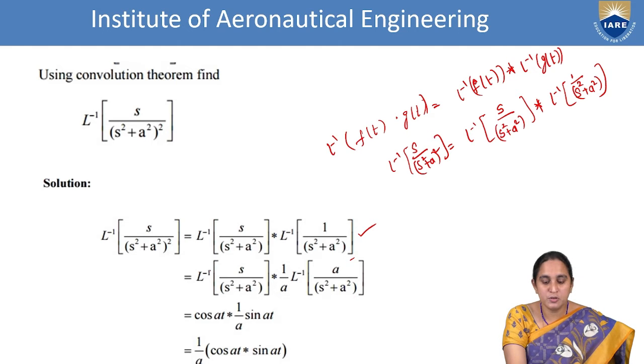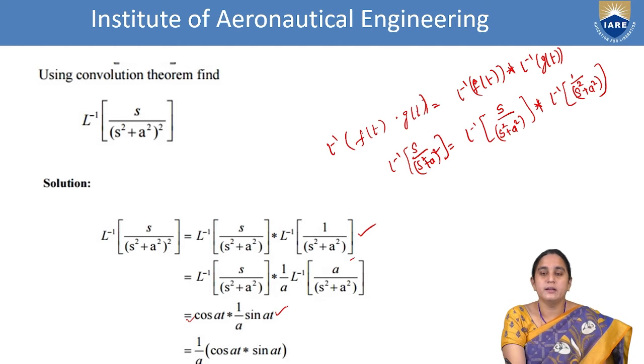Directly we know from the inverse Laplace transformation formulas that the Laplace inverse of s by s square plus a square is equal to cos at. And 1 by a into the Laplace inverse of a by s square plus a square: 1 by a outside, and a by s square plus a square is sin at.